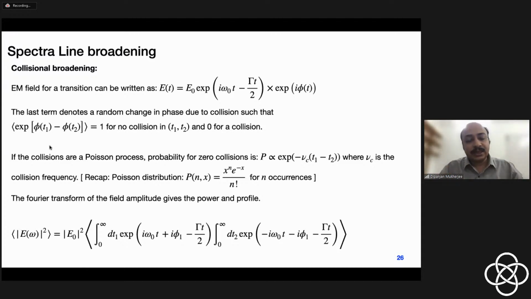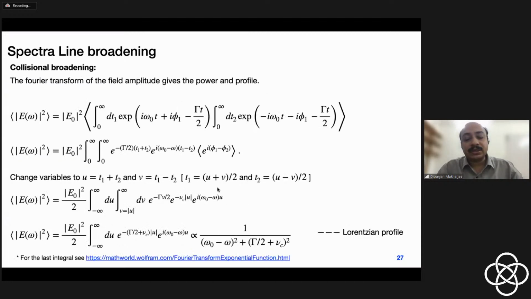And this also comes from the basic point of a Poissonian probability distribution of the collisions. Now, if you do a little more involved mathematics, you can find that the mean of the Fourier transform of the electric field square can be expressed in this way, which turns out to be again a Lorentzian profile.